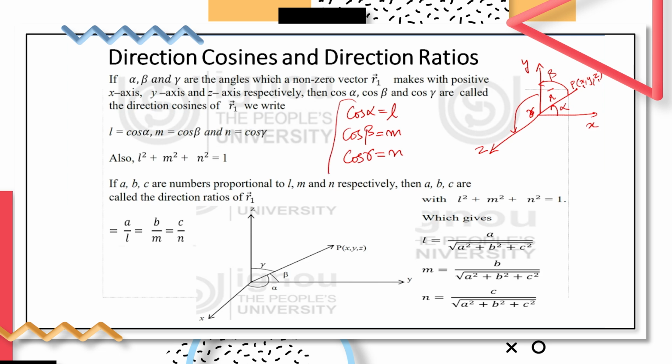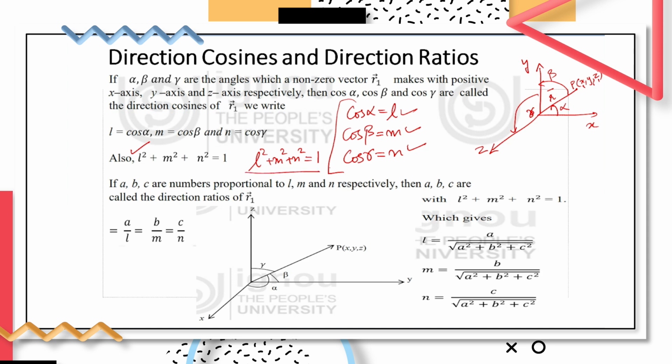So cos alpha, cos beta, cos gamma are the direction cosines, and they are represented by l, m, and n. And we also proved in our earlier session the important property that l square plus m square plus n square is equal to 1.